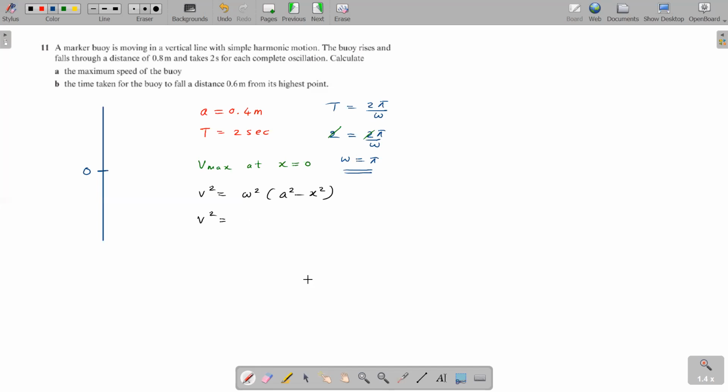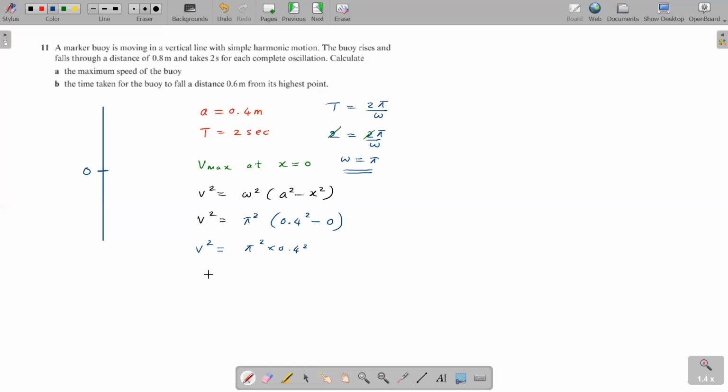Do you agree? So omega square is pi square. Amplitude is 0.4 square, minus x, which is going to be 0 because you have the center. Vmax occurs when x is 0. So v square equals pi square times 0.4 square.